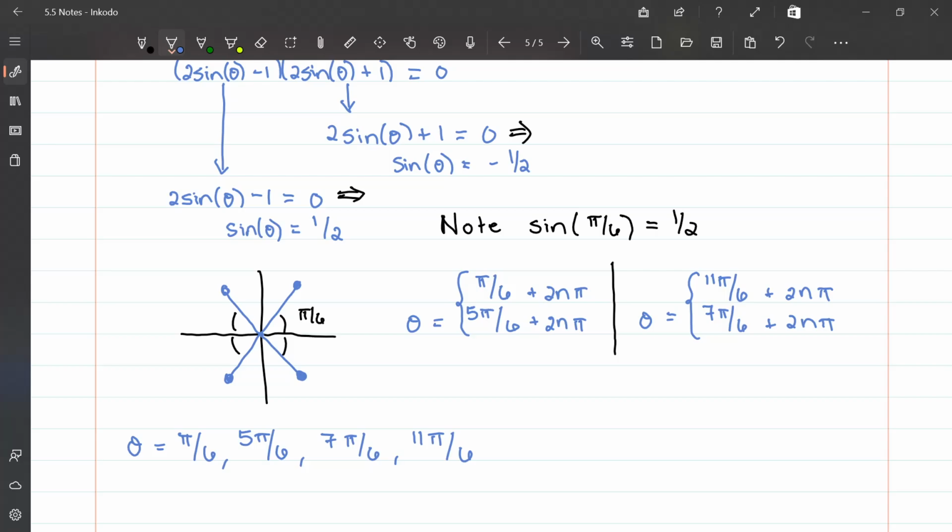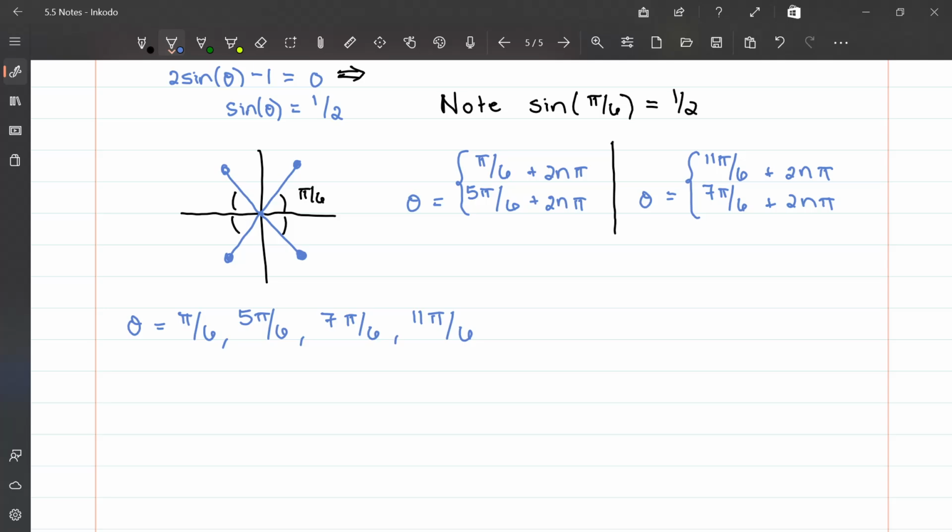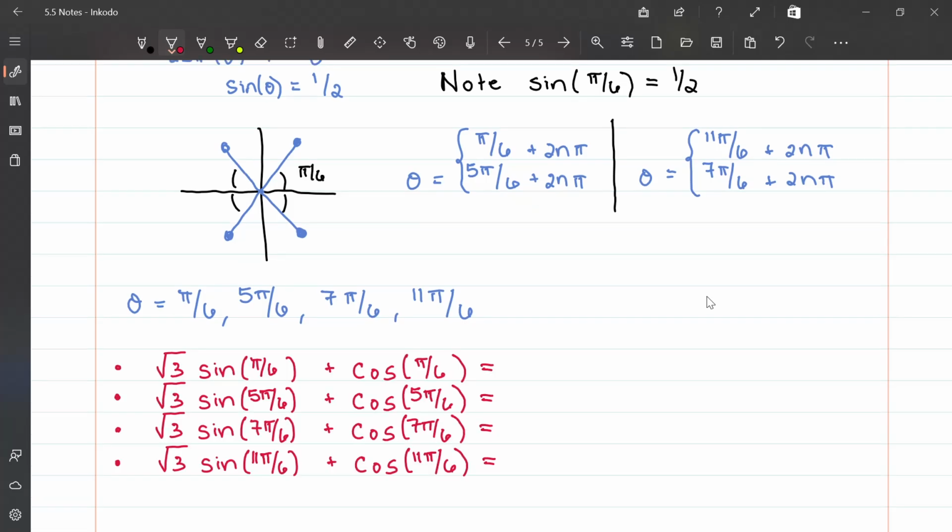It's not obvious from what we've done right here that some of these just do not work. In fact, we should go ahead and test them all really quick so you can see what I mean. Now, this looks like it's going to be painful, but don't worry, since they're all based upon pi over 6 as a reference angle, as you can see in our picture, the only thing that changes from one line to the next is which function is positive and which is negative.